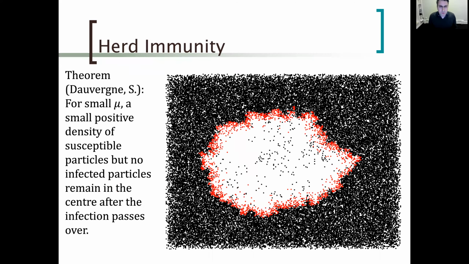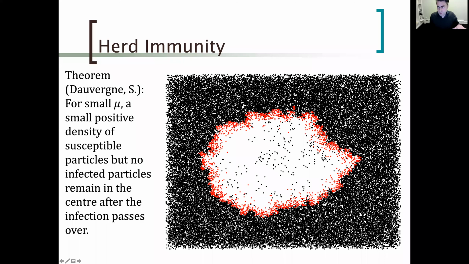You can ask what's happening in the middle, and you get a herd immunity regime. So you get a low density. In the middle, there are no infected particles because there are not enough susceptible particles to sustain an infection. But there is a small, strictly positive density of susceptible particles.